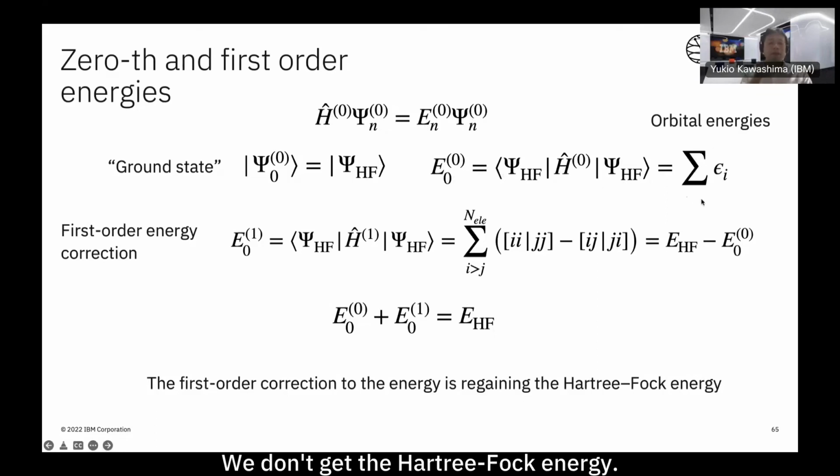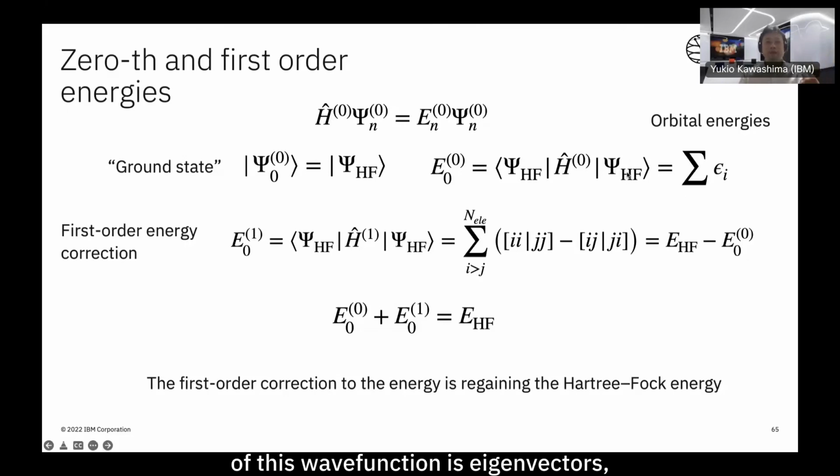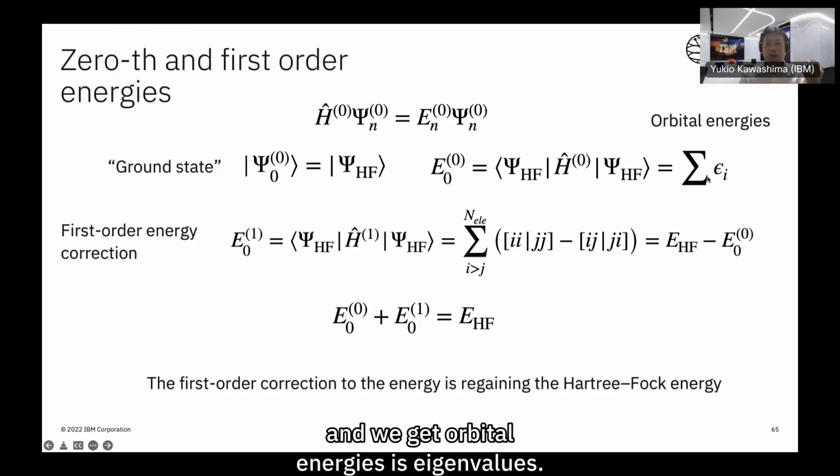We don't get the Hartree-Fock energy. Remember, if we diagonalize the Fock matrix, what we get is the Hartree-Fock wave function. This wave function is the eigenvectors, and we get the orbital energies as the eigenvalues. So the zeroth order energy is actually the sum of those orbital energies, those eigenvalues.